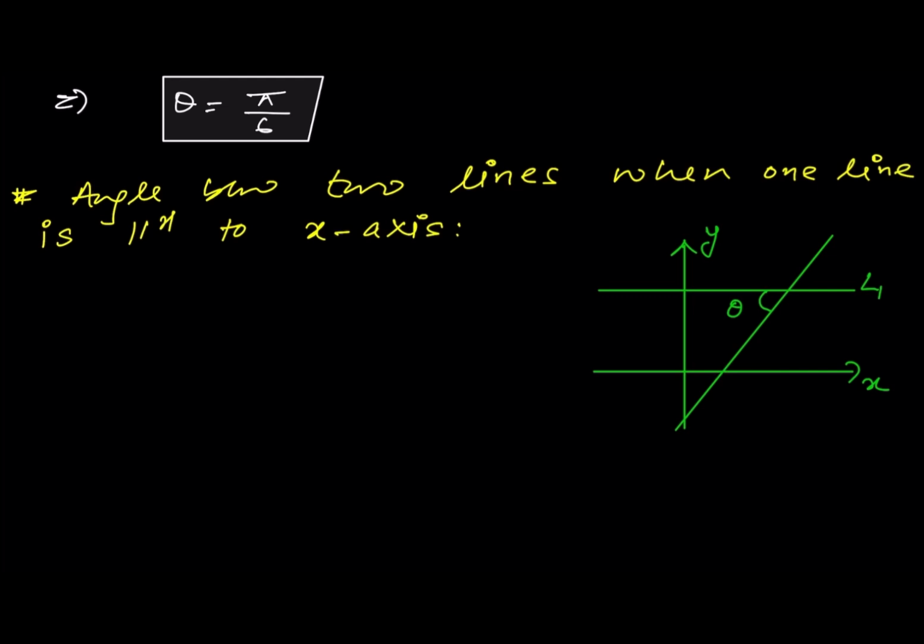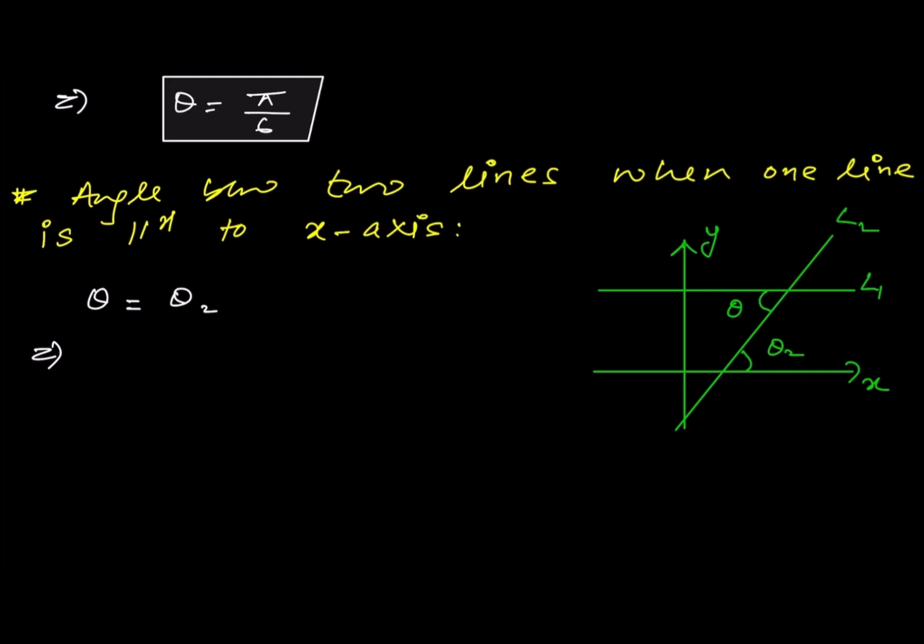Now if theta 2 is the angle made by L2 with the x-axis, then according to the condition, I can say theta is equal to theta 2, right?